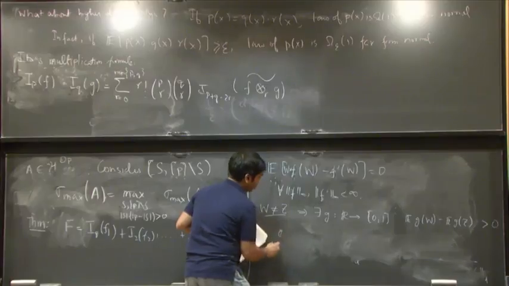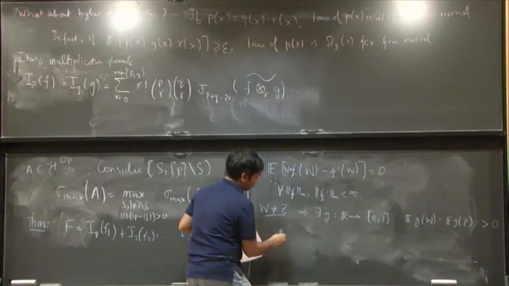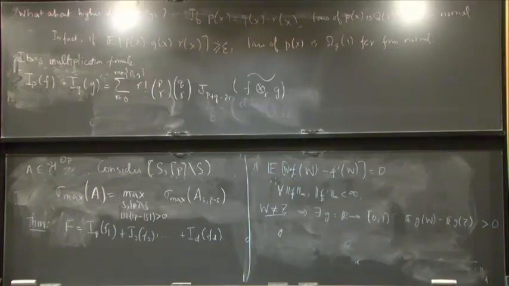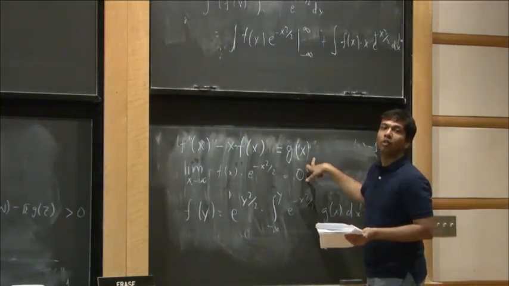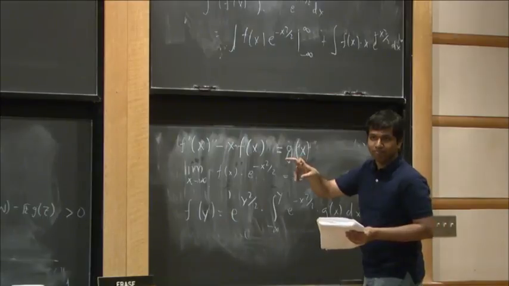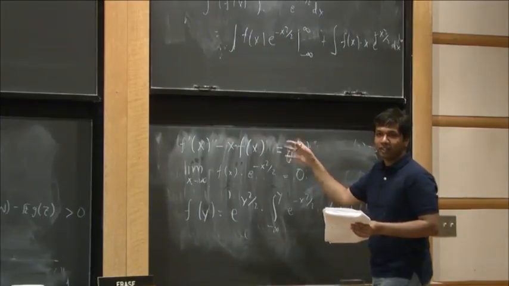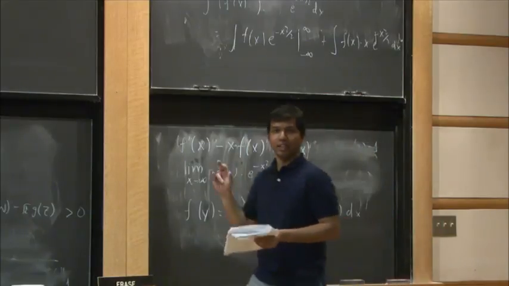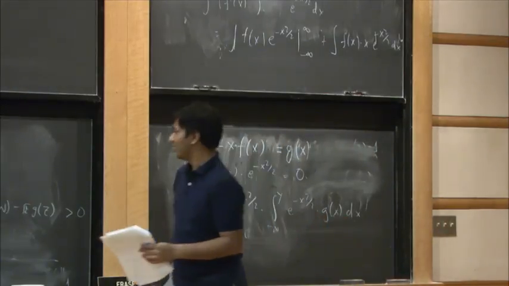Now consider g of W. Actually, sorry, I said something wrong here. This function is bounded if the expectation of g over the standard normal is 0. If the expectation of g over the standard normal is 0, then this function is bounded and has a bounded first order derivative. It's not that if g is bounded this will happen.